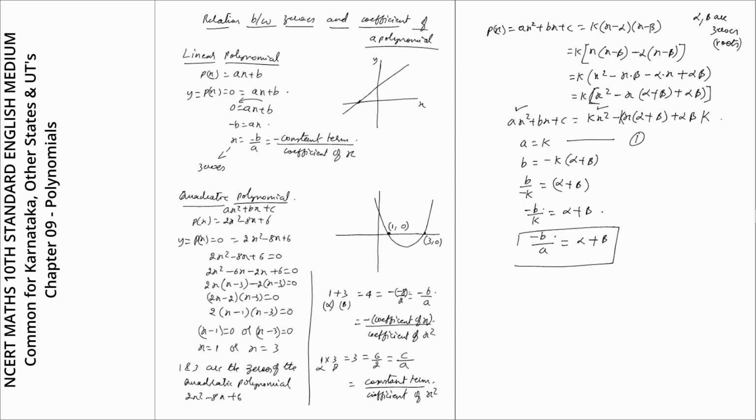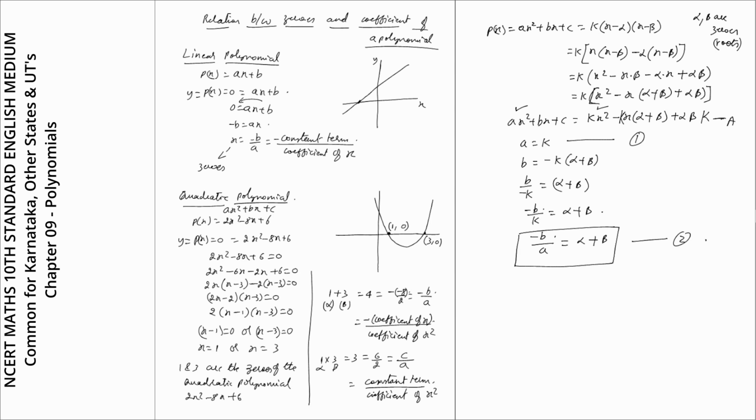So the sum of zeros is equal to minus b by a, where b is the coefficient of x and a is the coefficient of x square. This I'll mark as 2. Now I'll compare the constant term of the left hand side and right hand side.